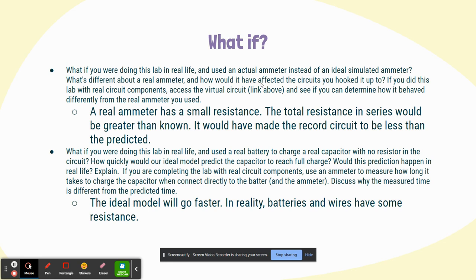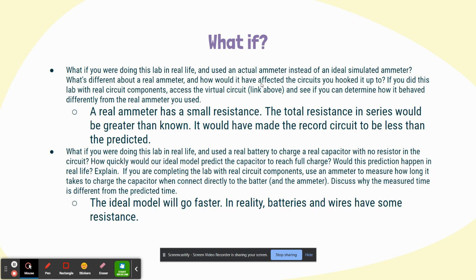And if we were doing this lab in real life and had to use a real battery to charge a real capacitor with no resistor in the circuit, how quickly would our ideal model predict the capacitor to reach full charge? So in the ideal model, it would be a lot faster because in reality, a real battery has small resistance along with the wires connecting them.